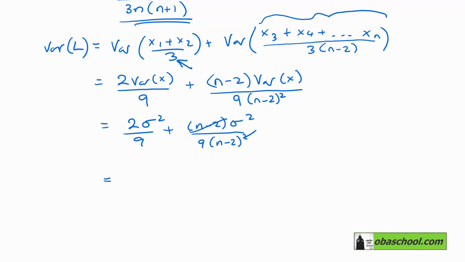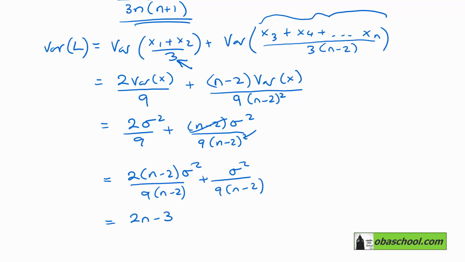And then we'd like it to be over a common denominator, so we can have 2 n minus 2 sigma squared over 9 n minus 2 plus sigma squared over 9 n minus 2. And if we expand out and simplify, the top becomes 2n minus 3. The bottom is 9 n minus 2. And then we've got the sigma squared.